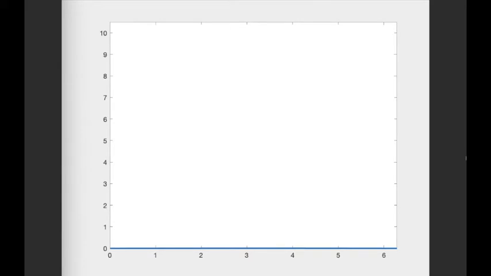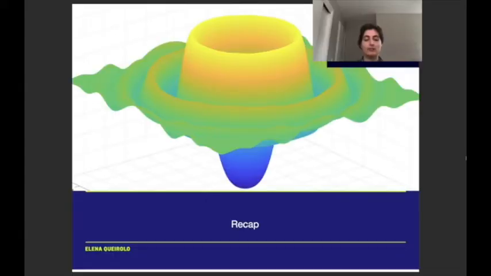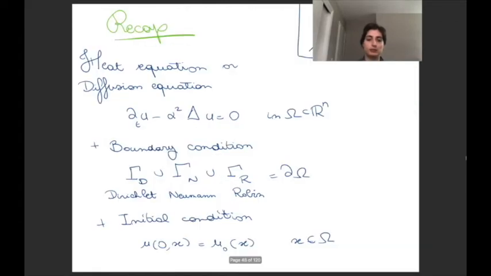Let's have a fast recap of the steps that we have taken to solve the heat equation. We have looked at a heat equation or diffusion equation. We have set a sum of boundary conditions, either Dirichlet or Neumann or Robin, in such a way that the union of the points in which we have applied the Dirichlet, the Neumann, and the Robin becomes the whole boundary of our domain.